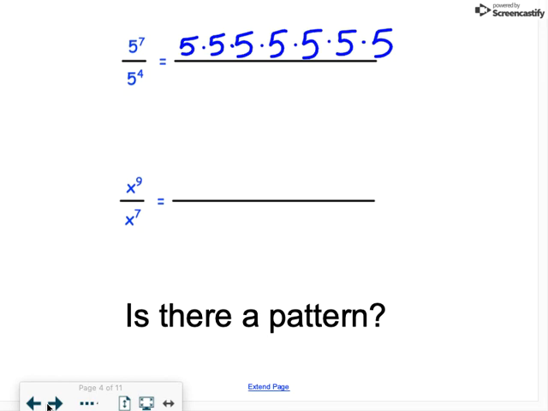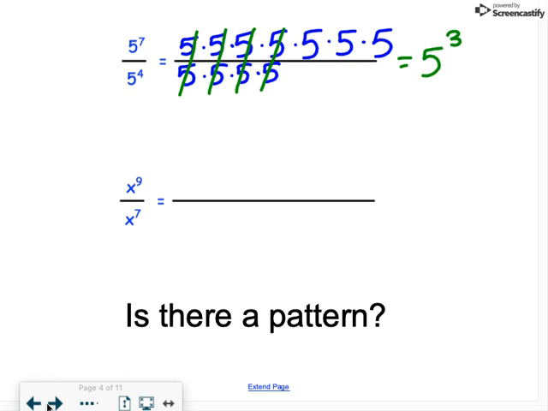And if we look here, 5 to the 4th just means 5 times 5 times 5 times 5. When we're doing division, notice we have similarities in our numerator and denominator. What we're going to do is cancel out the ones that we can. And if we look here, we are left with 5 to the 3rd. We have 3 5s being multiplied together.